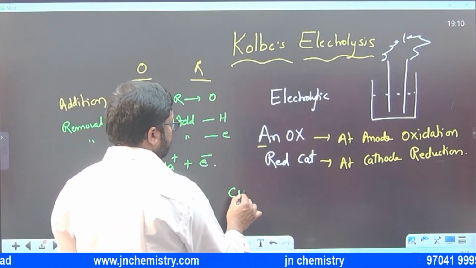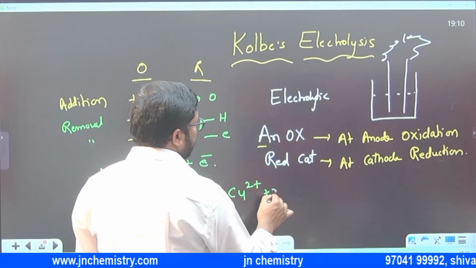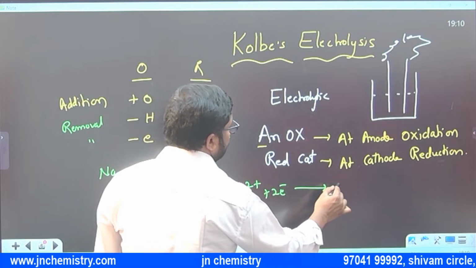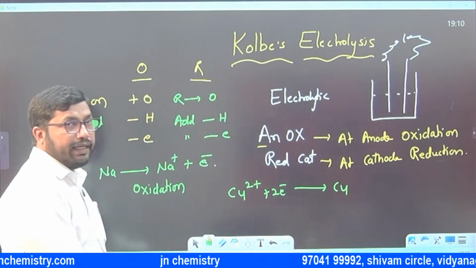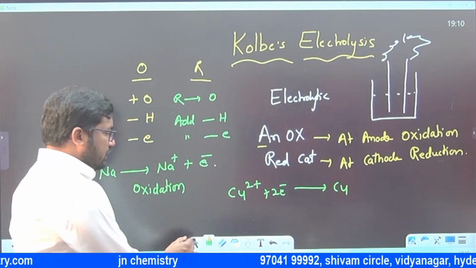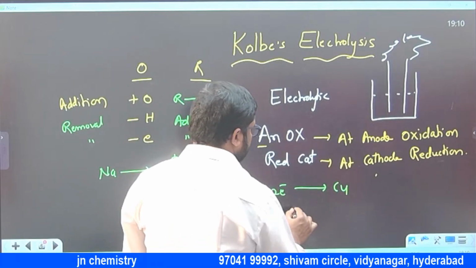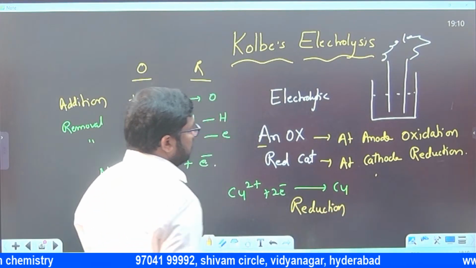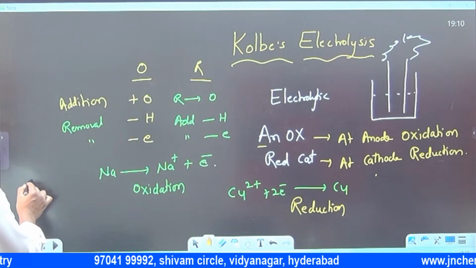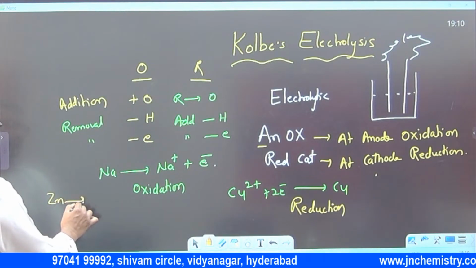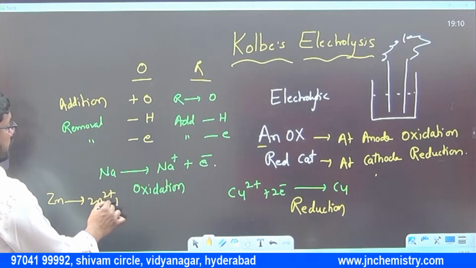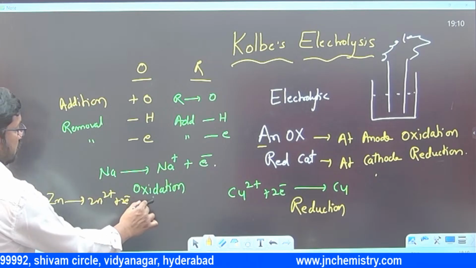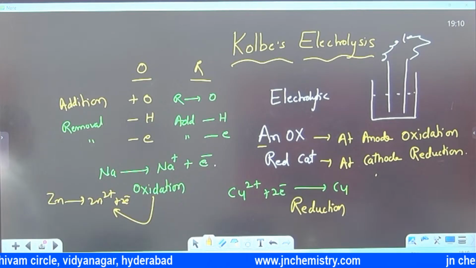For example, Cu2+ plus 2 electrons gives rise to Cu. Addition of electrons, what is this? Reduction. For example, Zn gives rise to Zn2+ plus 2 electrons. What is this? Oxidation. Write it down.